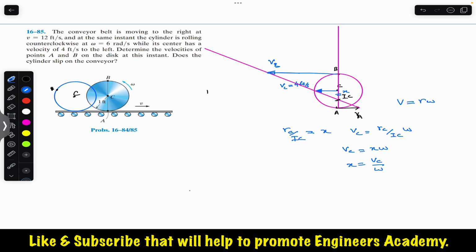x is VC divided by omega, and VC is given as 4 feet per second, and omega is given as well. The omega is in the counterclockwise direction, and the problem statement says that omega is 6 radian per second. So 4 divided by 6 is basically 2 divided by 3.